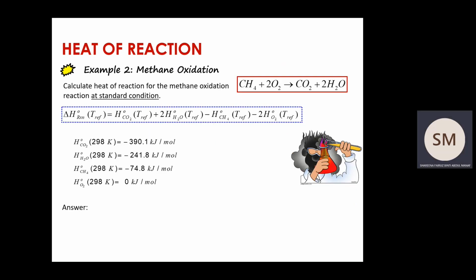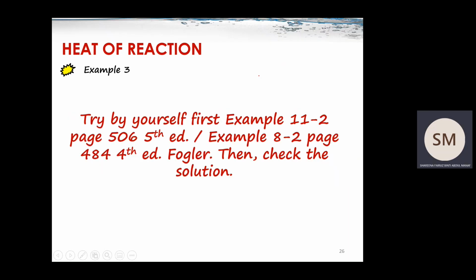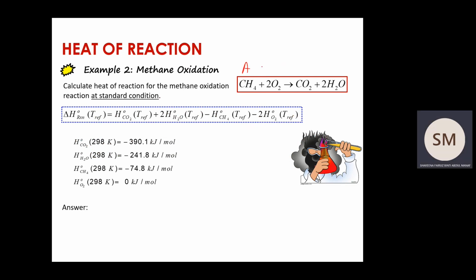For the second one, this is the reaction for methane oxidation. We have the stoichiometry 1, 2, 1, and 2. So this is A plus 2B equals C plus 2D.